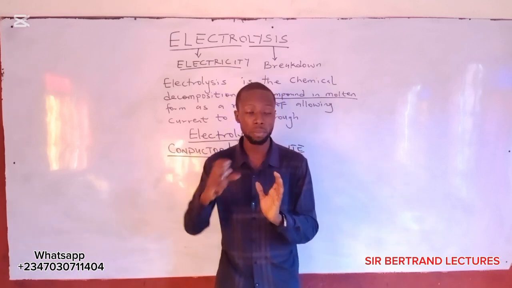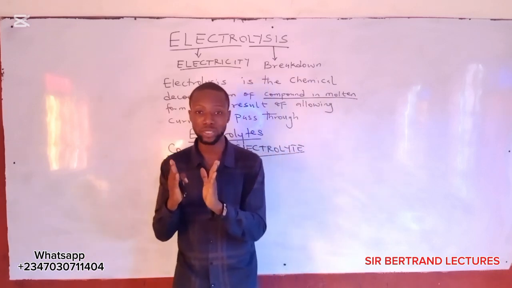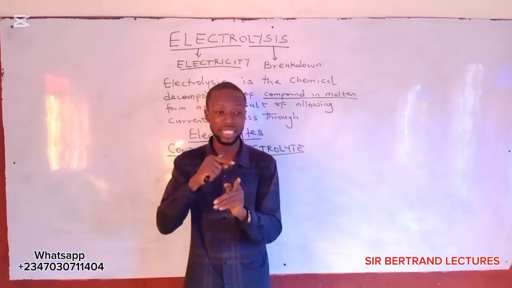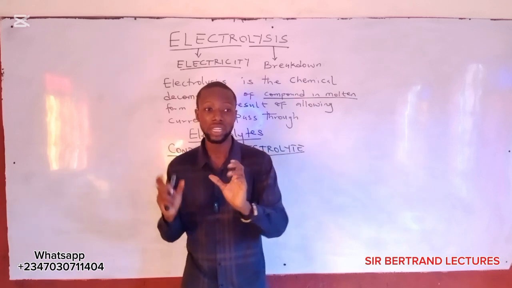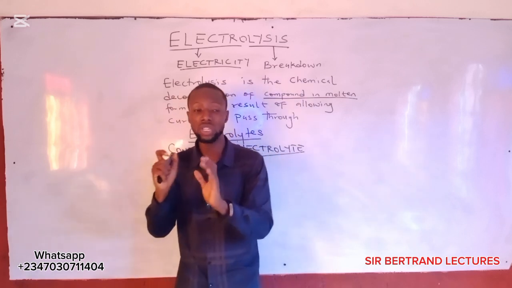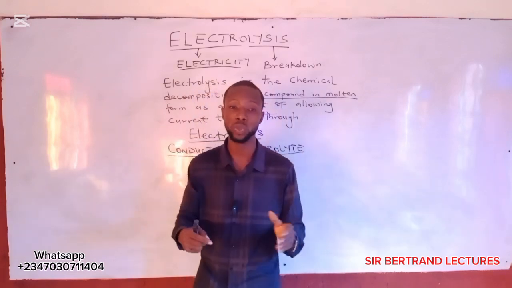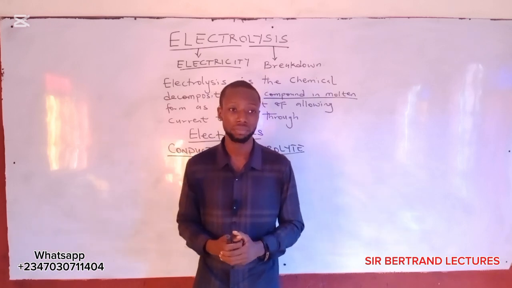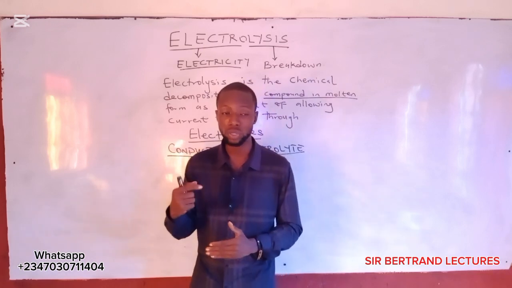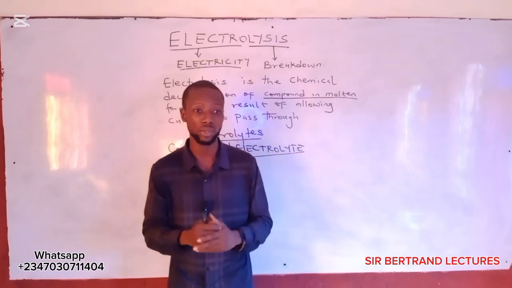When an atom gains electrons, it forms an anion, a negative ion, because electrons are negatively charged. So when they gain electrons, they have more electrons than protons. We are going to discuss that in detail in one of our next videos, when we look at atomic particles.